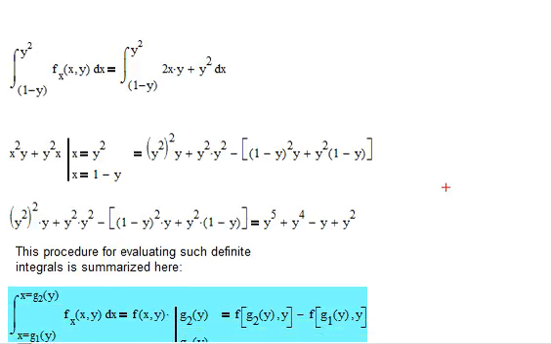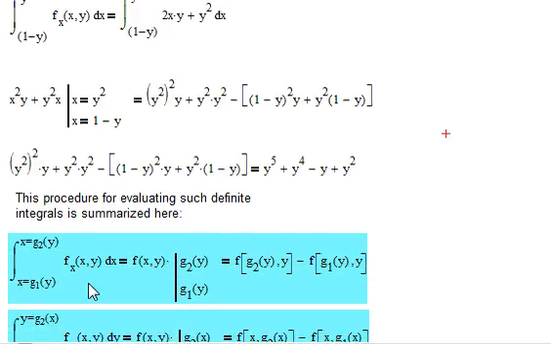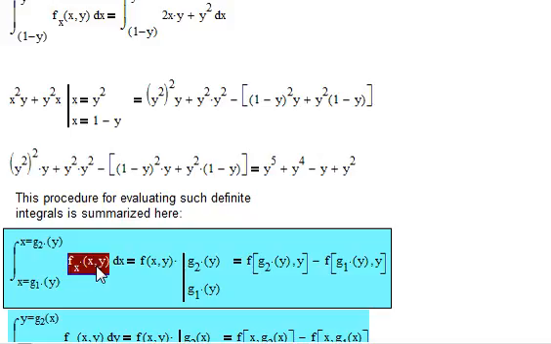But the procedure for evaluating such a definite integral is this. When you have the function which is represented as a partial derivative with respect to x dx, and the x limits go from g1 of y to g2 of y, then you find f of x, y, which means integrate as if y was a constant, and then we get that answer for our indefinite integral.